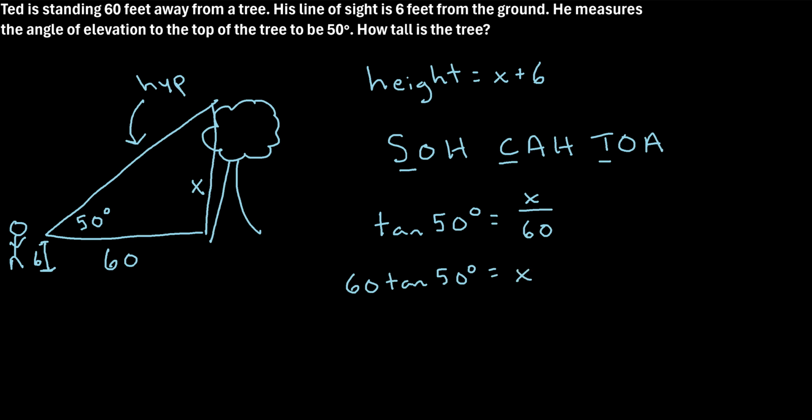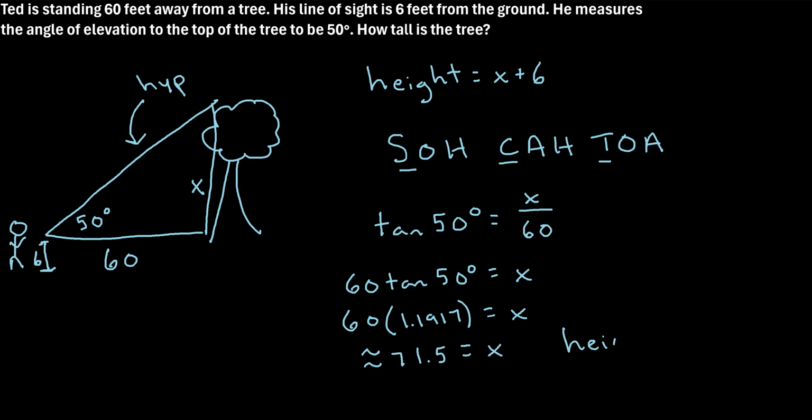If we punch that into a calculator, the tangent of 50 degrees is about 1.1917. So 60 times 1.1917 is about 71.5. So x is equal to 71.5. But remember, we said the total height of the tree is going to be x plus 6.